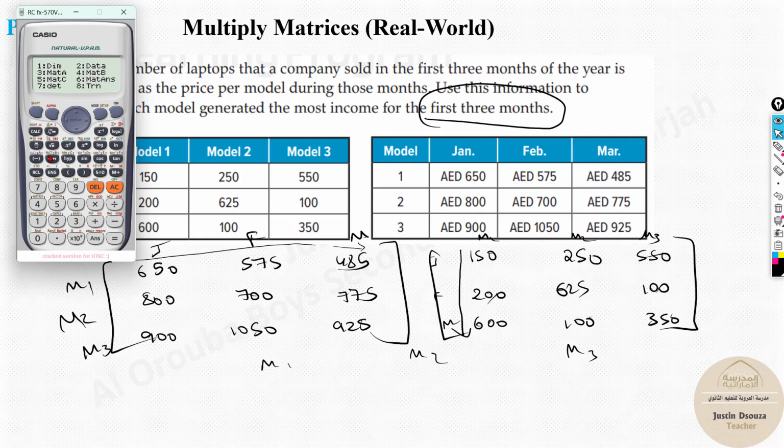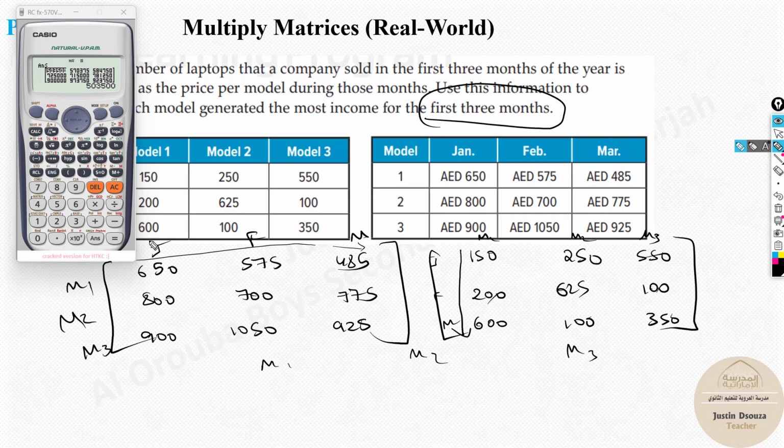You go press shift 4, type matrix 1, that is matrix A, sorry, 3, multiply it with shift 4 and with matrix B. The answers, whatever you get right over here, look only at the diagonals. The first, this over here, second row, second column, and lastly third row, third column. Let me just write those values, okay?